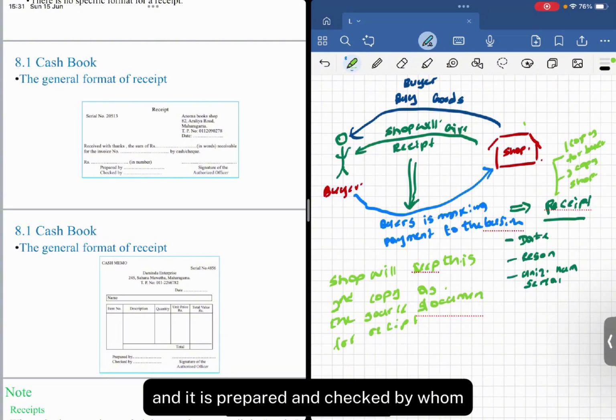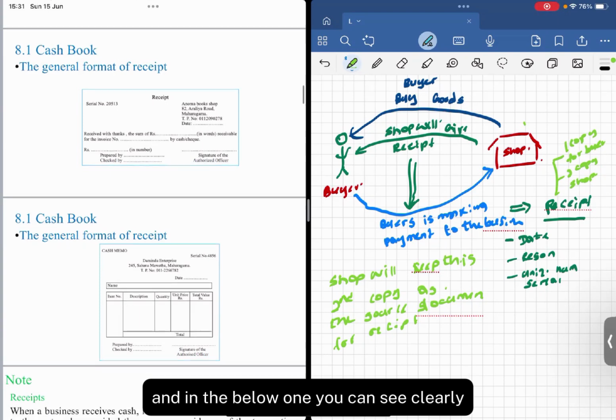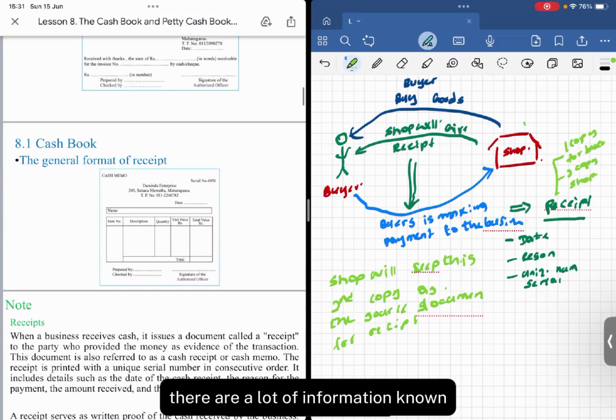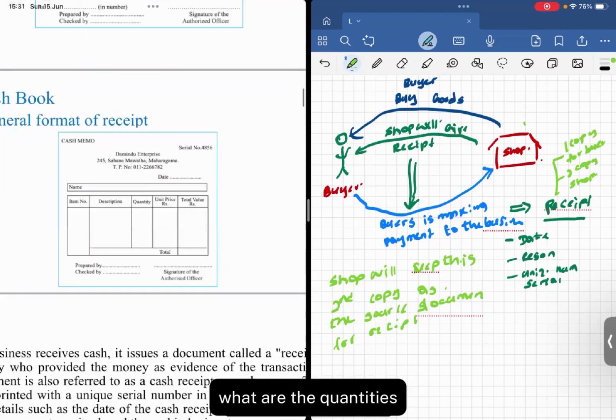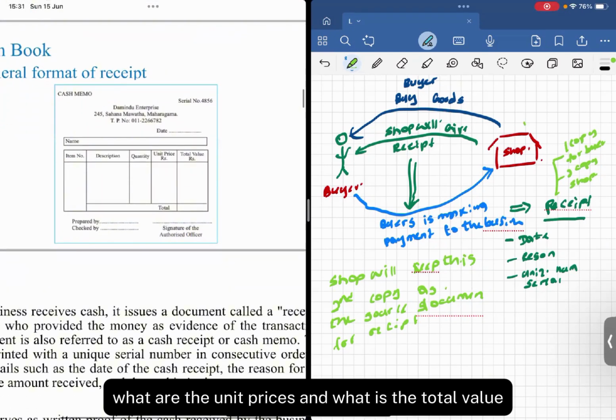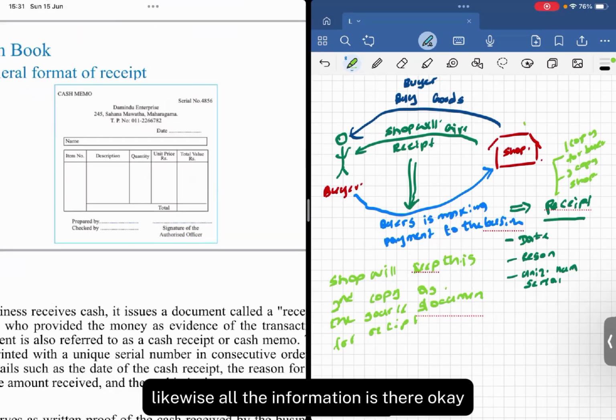It also says who prepared and checked it, and who authorized it. In the one below, you can see a lot of information, like the items being sold, the quantities, the unit prices, and the total value.